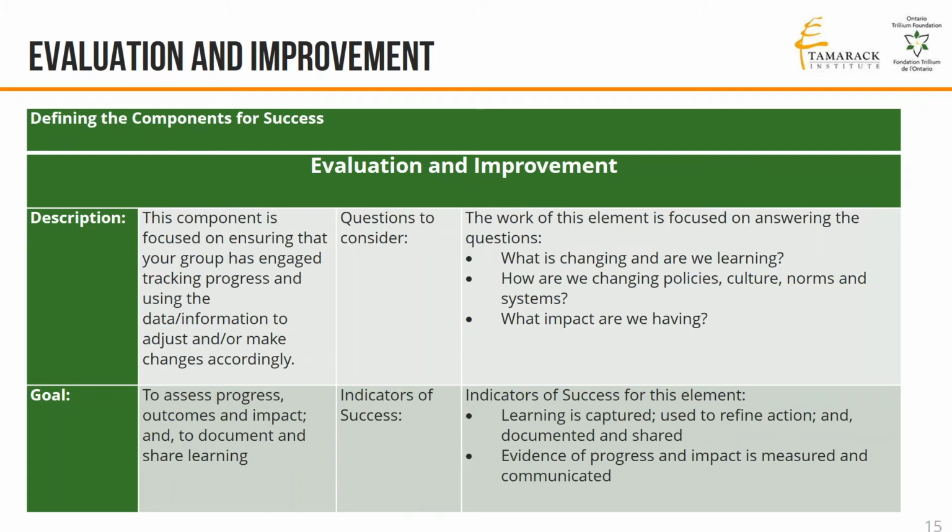And we're going to have a webinar later in this series where we're going to go much more deeply into shared measurement. And this will tie very nicely into this phase's conversation. Some of the indicators of success in this element: learning is captured, it's documented, and evidence of progress and impact is measured and communicated. So those are the 4 components for success that are at the very beginning of the phases document.